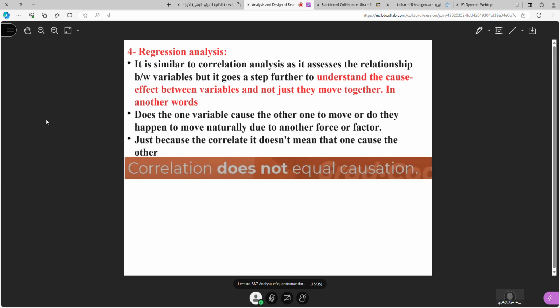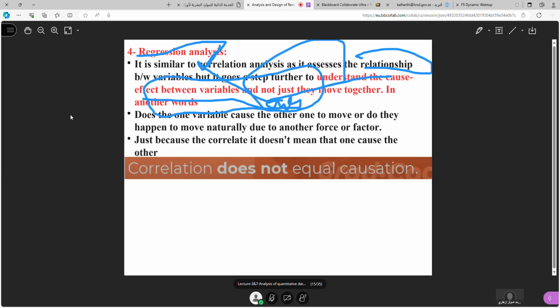Regression will give you beyond that. First it gives the relationship, which is correlation, plus it helps understand the cause-effect relationship, that is, correlation plus causation. When you want correlation plus association, the cause-effect relationship, then we call it regression.